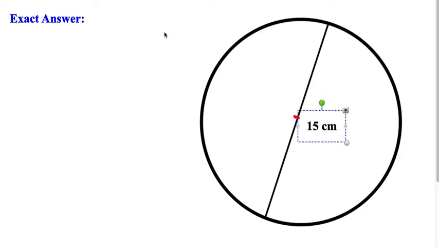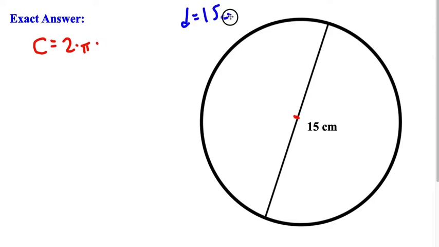In any event, what we're going to do now is calculate the exact answer for both the circumference and the area. So circumference is 2 times pi times, now this is where we have to be careful. That is the diameter. So we know that the diameter, which we'll call d, is equal to 15 centimeters.